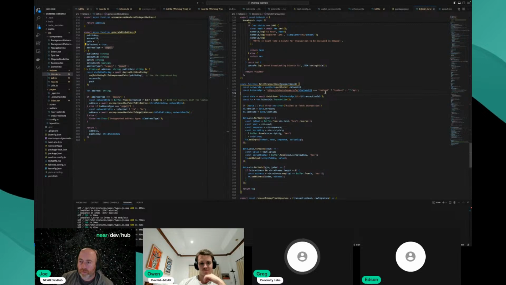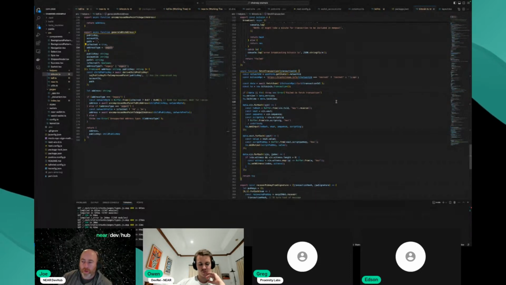Anything that would involve interacting with the Bitcoin network, where you want to use Near on top of that, this sort of approach could be useful. It provides a way to write an app that interacts with smart contracts on the Near chain and can also send Bitcoin transactions.